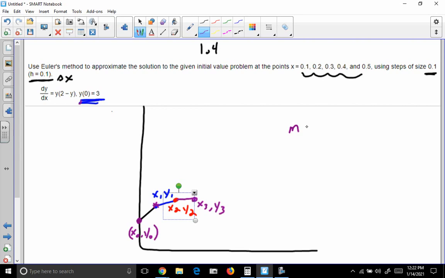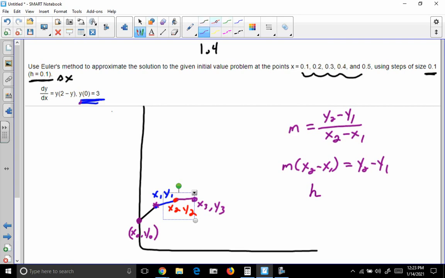Think about the slope of a line: it's the difference in the y values over the difference in the x values. If we get rid of the fraction, we can rewrite this as the slope times x2 minus x1 equals y2 minus y1. x2 minus x1, that's our h. M, that's our slope at that particular point.